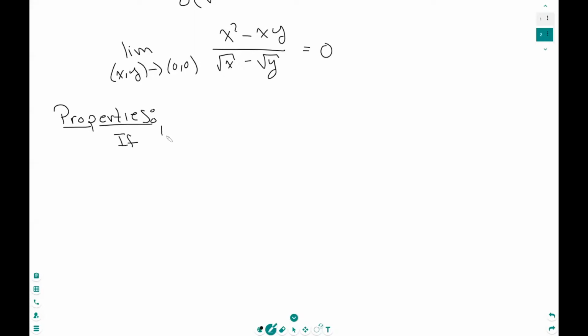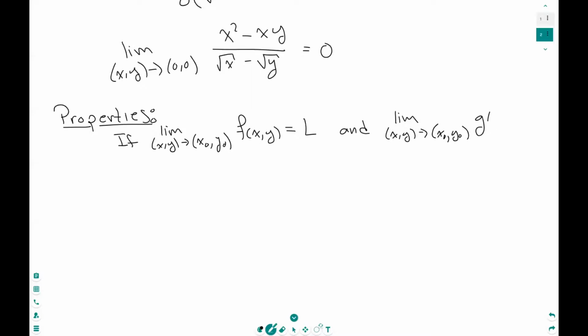So if the limit as x and y go to x naught, y naught of the function f is equal to L, meaning that it exists, and the limit as x and y go to the same spot x naught, y naught of a separate function, we'll call g of x and y, is equal to, say, m, so this also means that it exists, then we've got some properties.